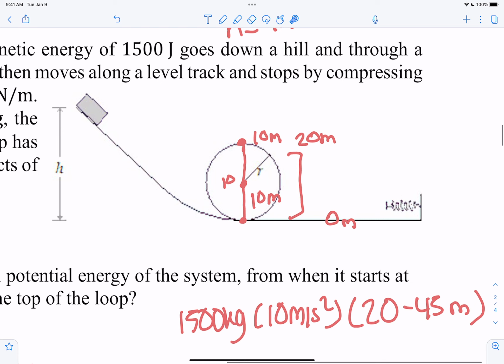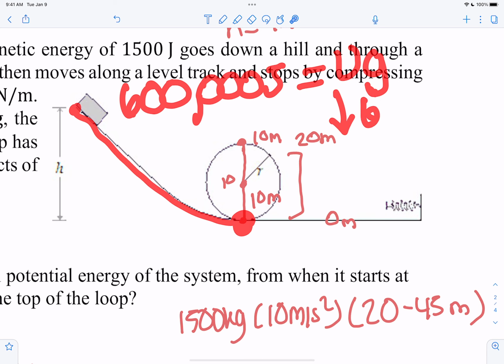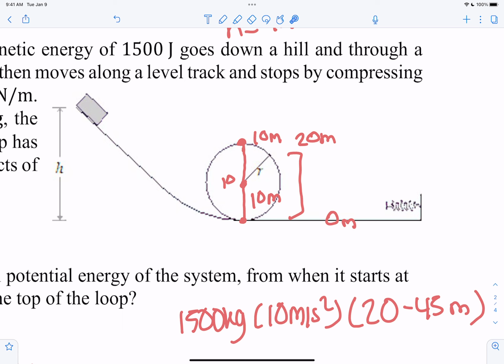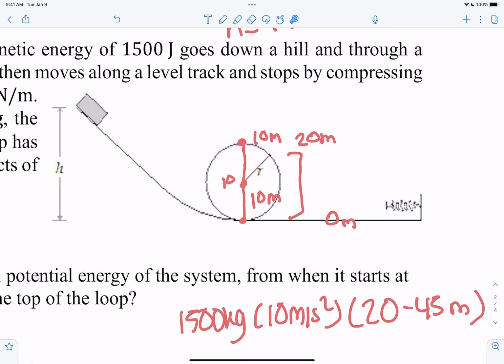So remember, if I started at the top here with 600,000 joules of UG, when I finally reached the bottom, I decreased 600,000 joules from the gravitational potential energy, and that all got converted to 600,000 joules of kinetic energy. So whatever you decrease from one, it gets converted into the other one.